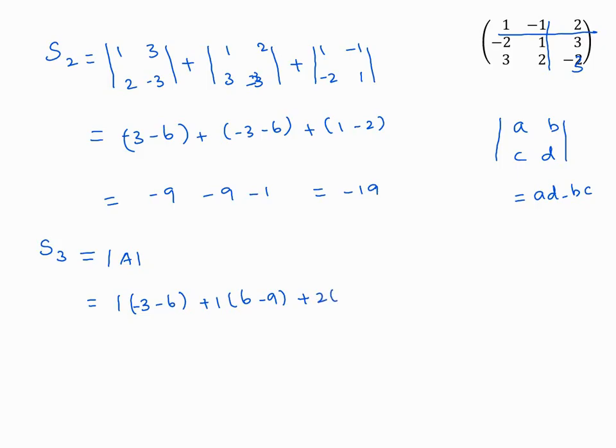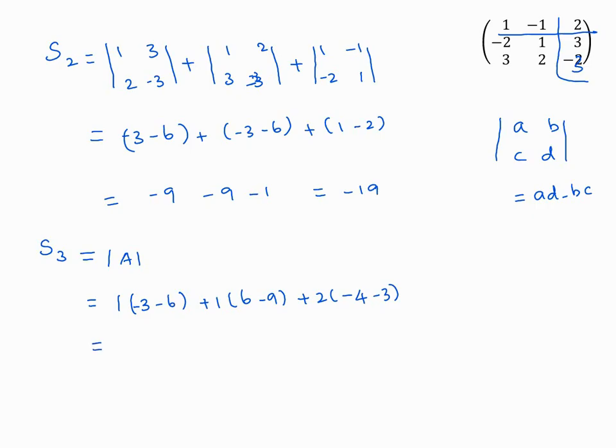That is, you remove the first row and the third column. You get negative 2, 1, 3, 2. The value is negative 4, negative 3.